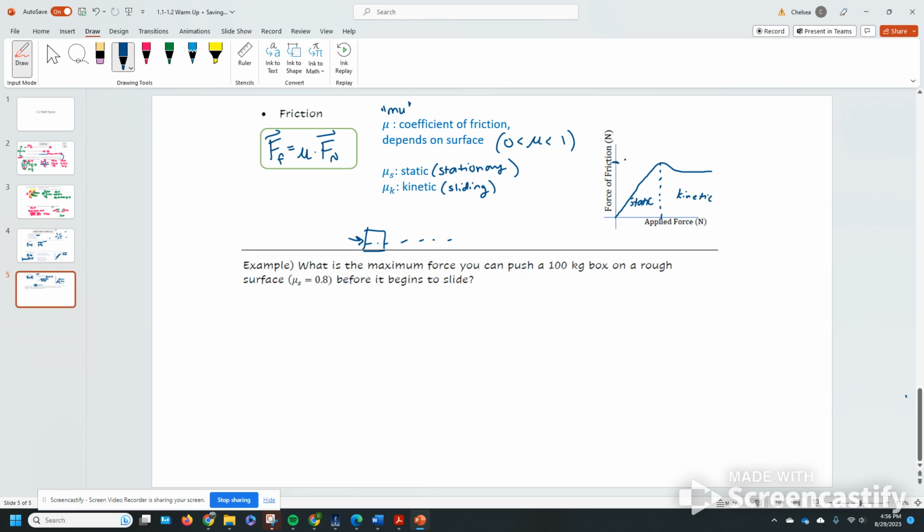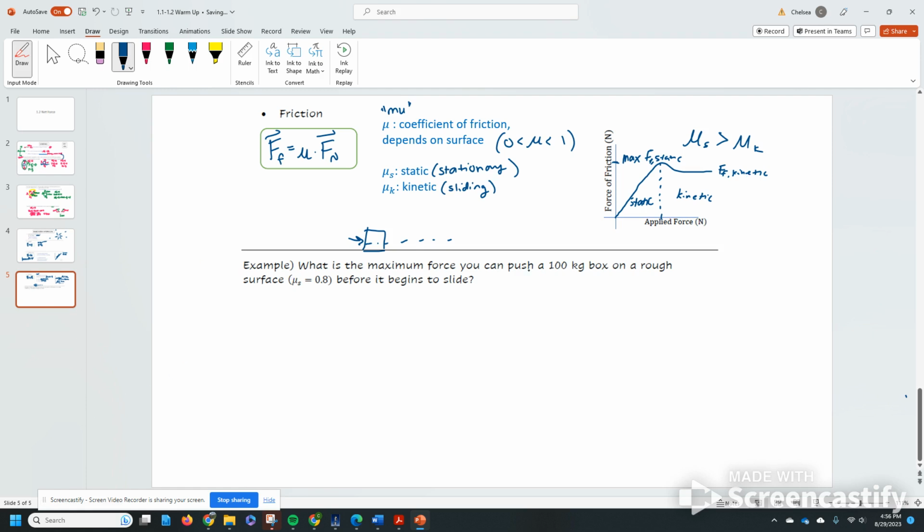We have some maximum force of friction here, our maximum static force of friction. Once you break those bonds, you end up with a smaller kinetic force of friction. That's because, for the most part, the static coefficient is greater than the kinetic coefficient.